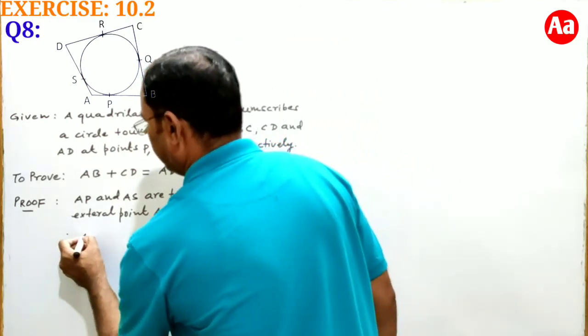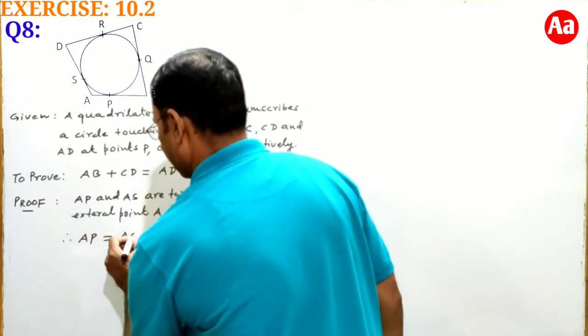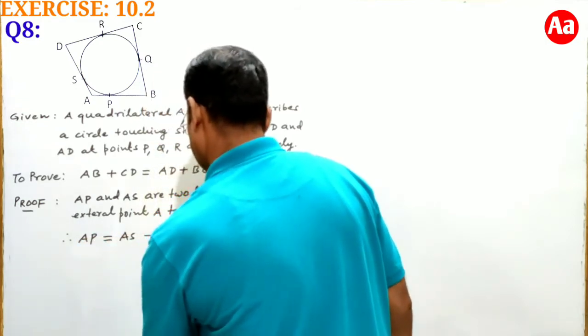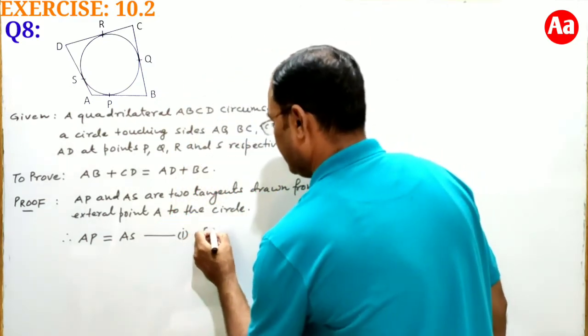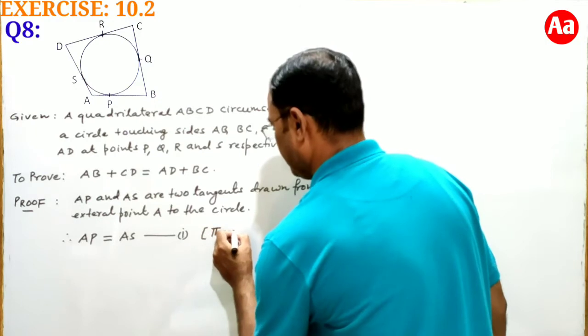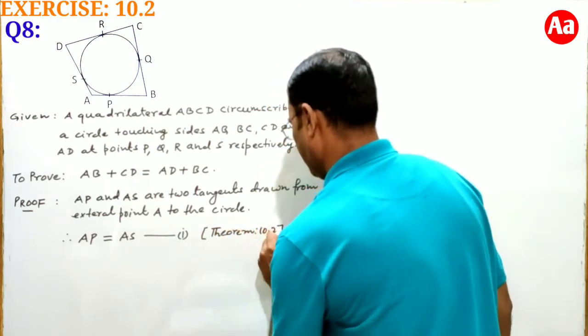Therefore, AP is equal to AS, and let it be number 1, and this is from theorem 10.2.